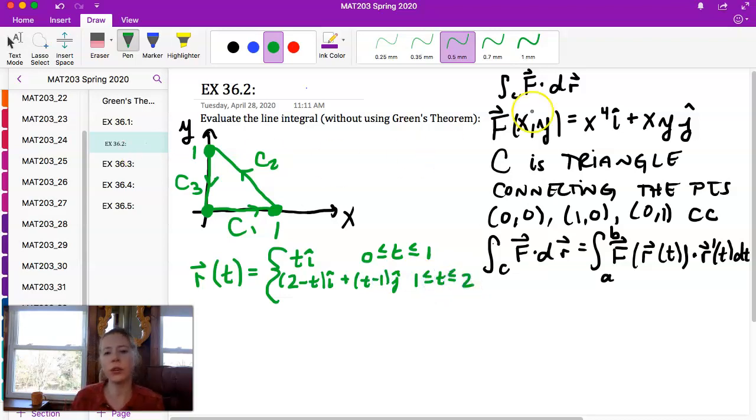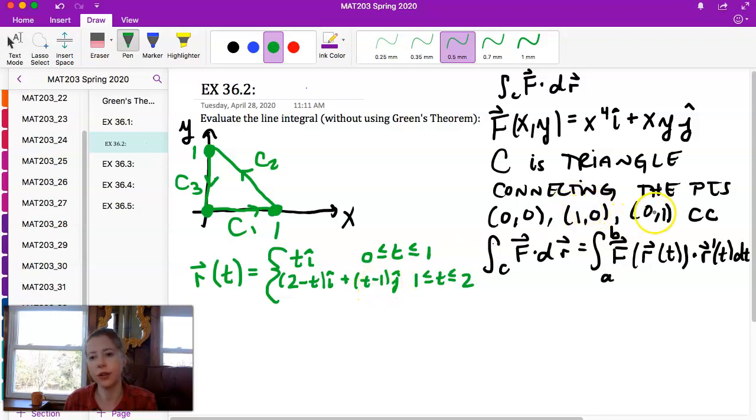And so we can also check this. Go ahead and double check: plug in 1 for t, and of course we get 2 minus t is 1, and then plug in 1 for t here, we get 0, so that's our (1,0). And then if we plug in 2, we get 2 minus 2 is 0, and we get 2 minus 1 is 1.